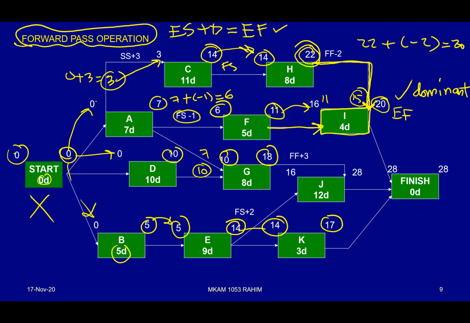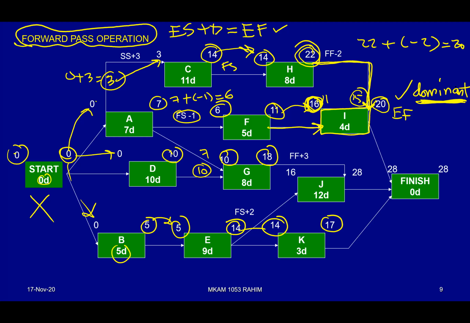So 20 minus 4 equivalent to 16. So that's how 16 is there. That is the value that will be sitting inside the box based on the dominant relationship that influences. Okay, so we finish on I.